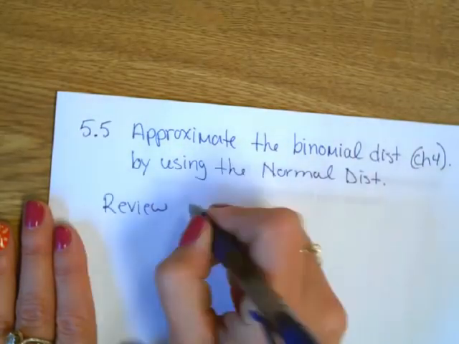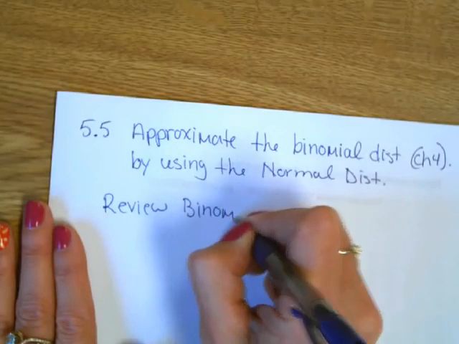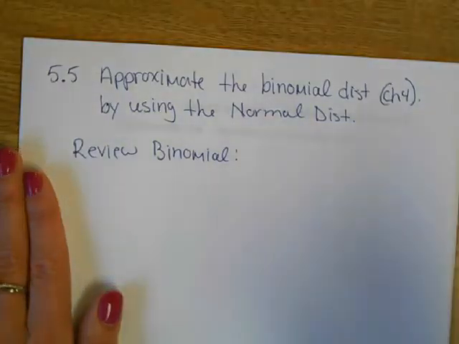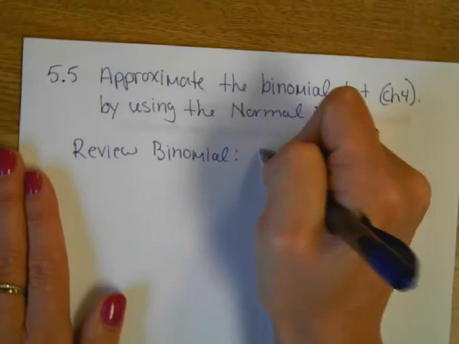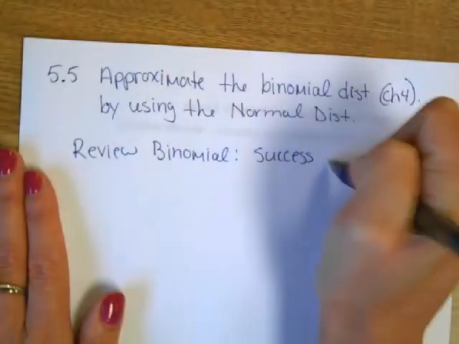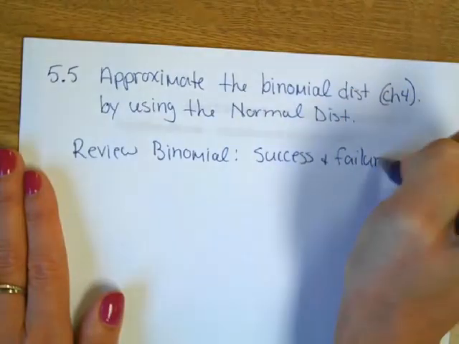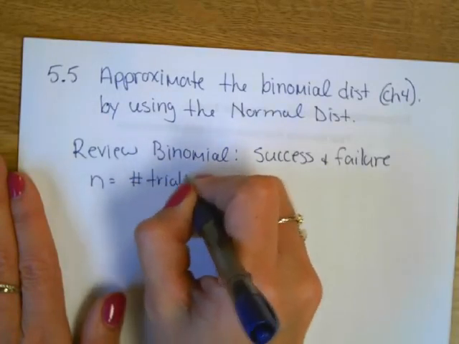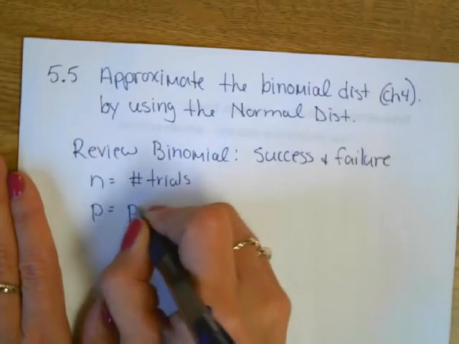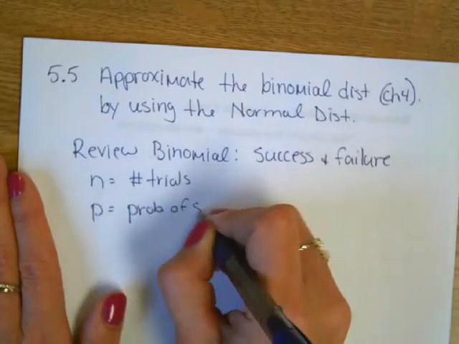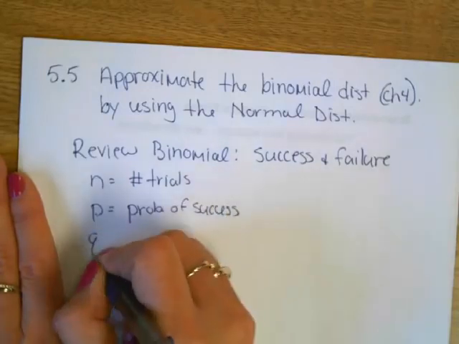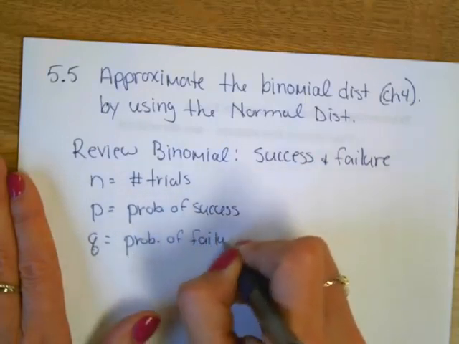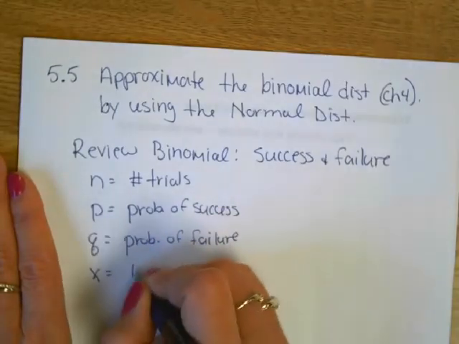Review binomial. If you remember, the binomial distribution was when, each time we did an experiment, there were only 2 outcomes, success and failure. n was the number of trials we were doing, p was the probability of success, q the probability of failure, and x represented the number of successes.